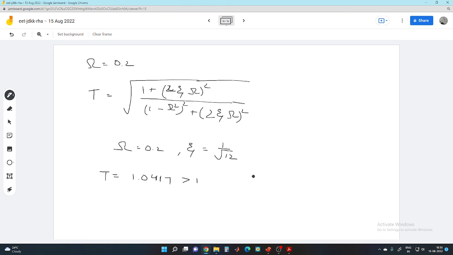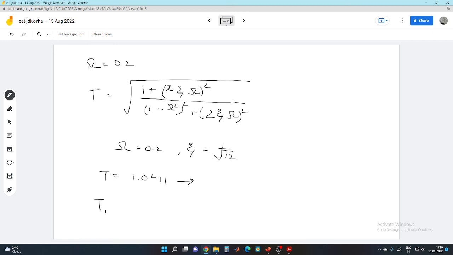So actually the transmissibility is greater than 1. This is usually the case for stiffness dominated region. Transmissibility is 1 for a perfectly rigid one, keeps on increasing until resonance and then decreases. But if there was no damping, actually, sorry, it is 1.0411.